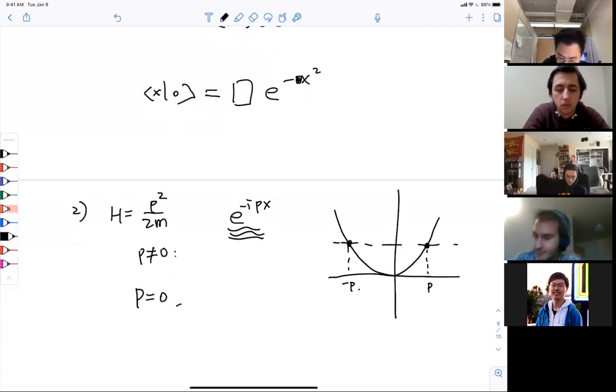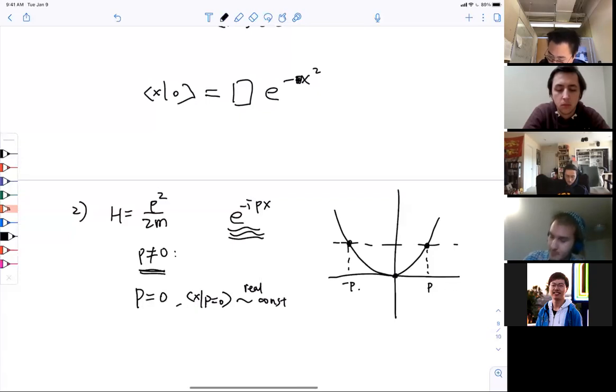When p equals 0, your state is a real constant, because at this point there's no degeneracy. For p not equal to 0, there's a degeneracy, a twofold one.